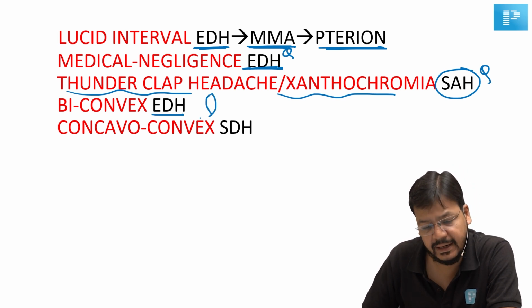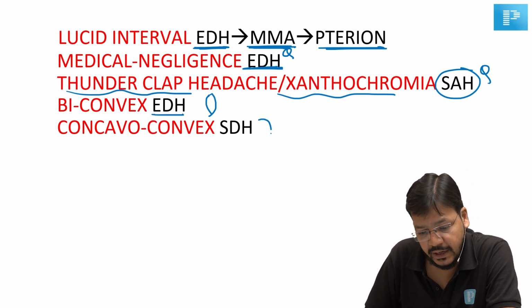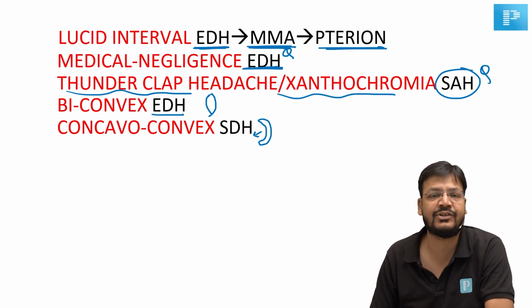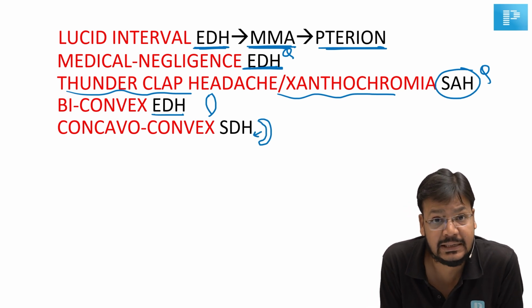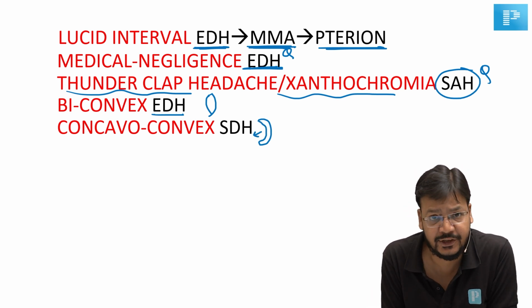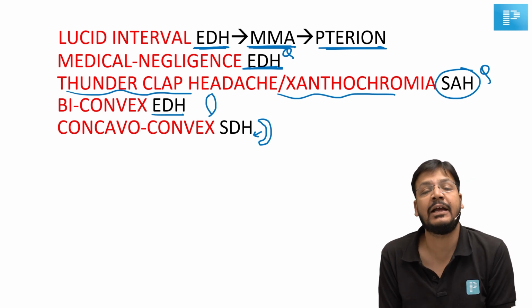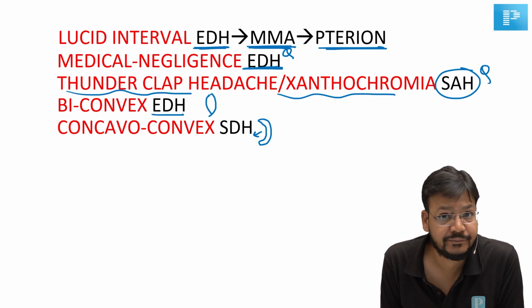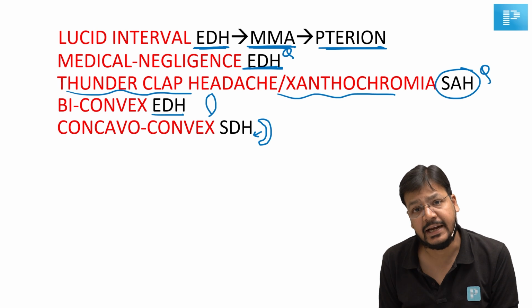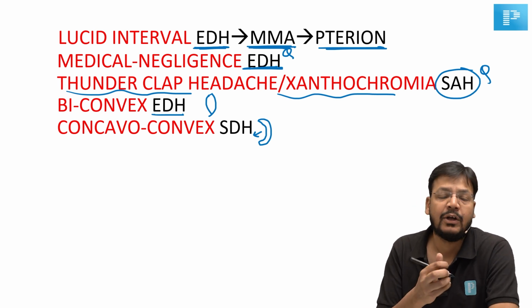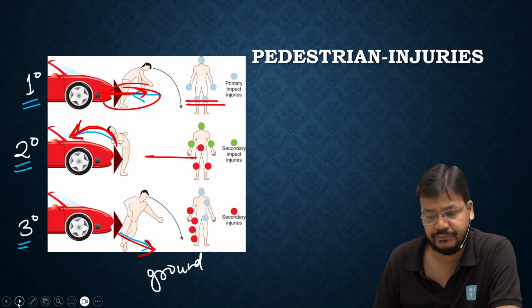Biconvex hemorrhage is EDH, idli shape, and concavo-convex hemorrhage is SDH.